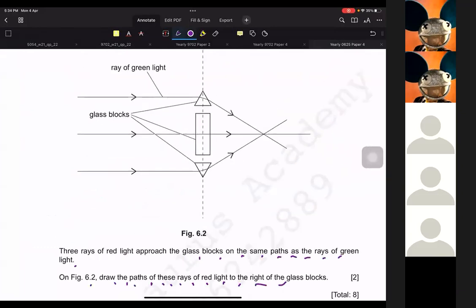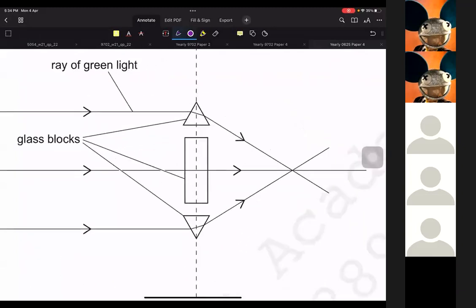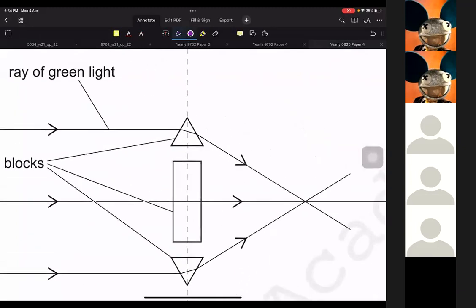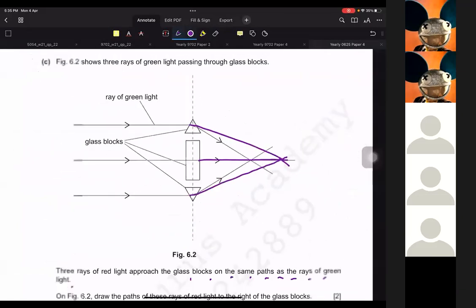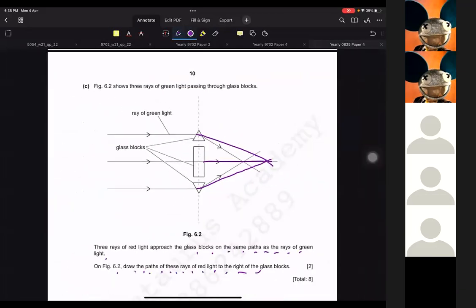So basically what you got to do is just bend it less than this, like this. So it will go straight. Use a ruler, please, for this, and then slightly bend, like this. So make sure you make it like this. So red should be less bending anyway.